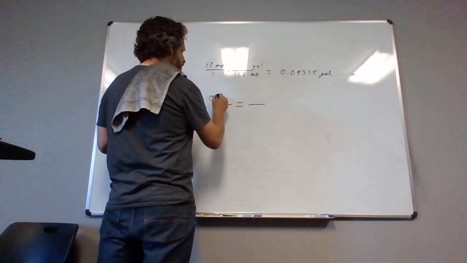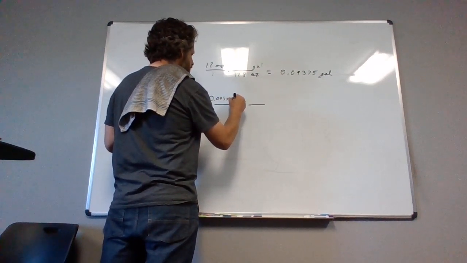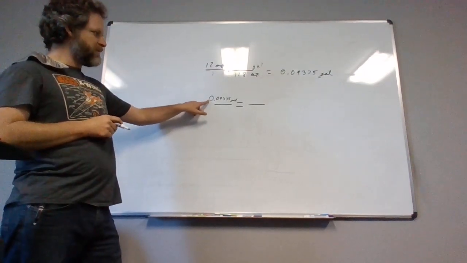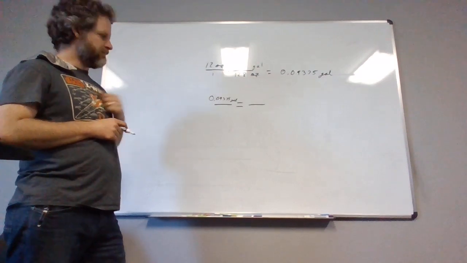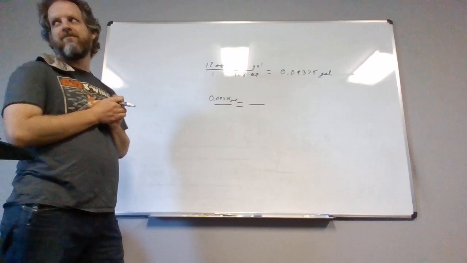0.09375 gallons. How much does 0.09375 gallons cost? Because this is 12 ounces, right? How much did it cost? $2.50.